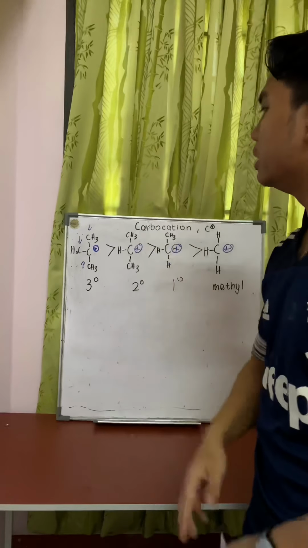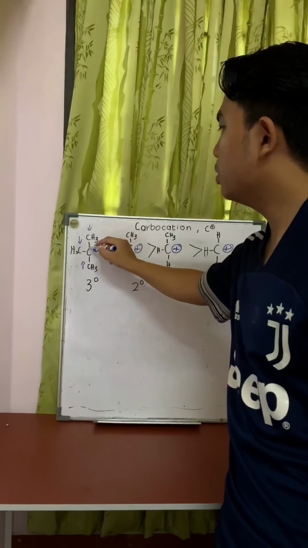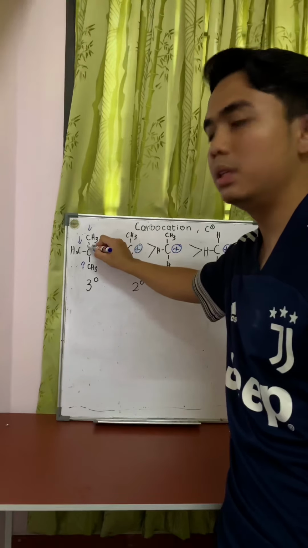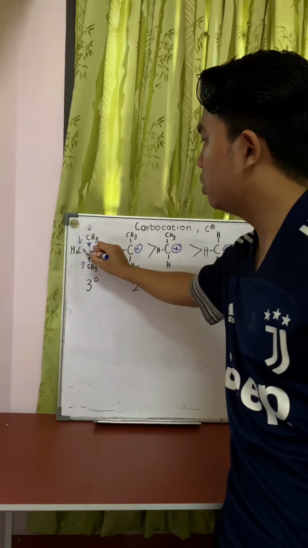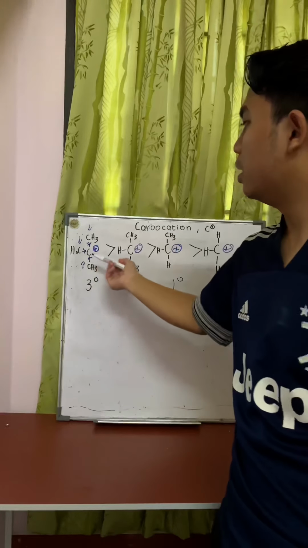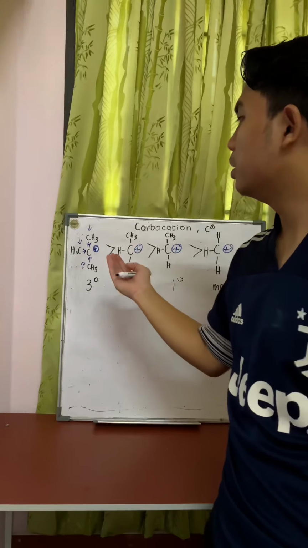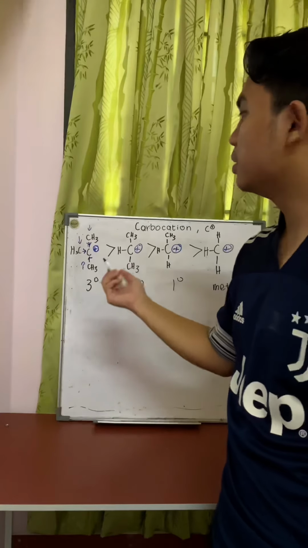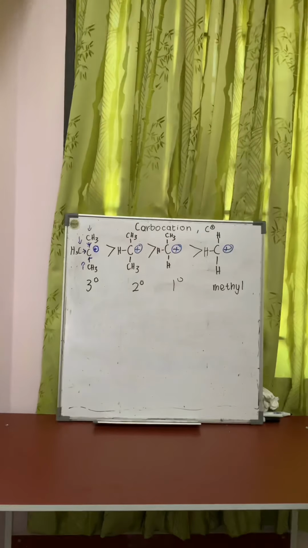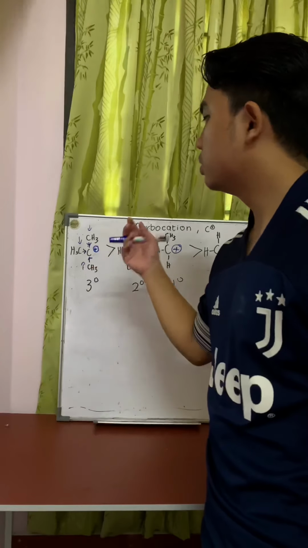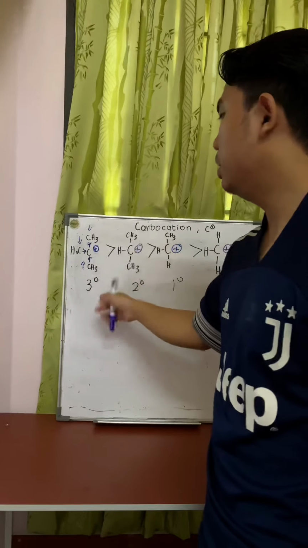Okay, so we can see that they have 3 carbons here. The carbons will push electrons towards the positively charged carbon to make it stable. When it's stable, it will have lower energy. So this is the reason this is the most stable. We call this the inductive effect stabilizing the carbocation.